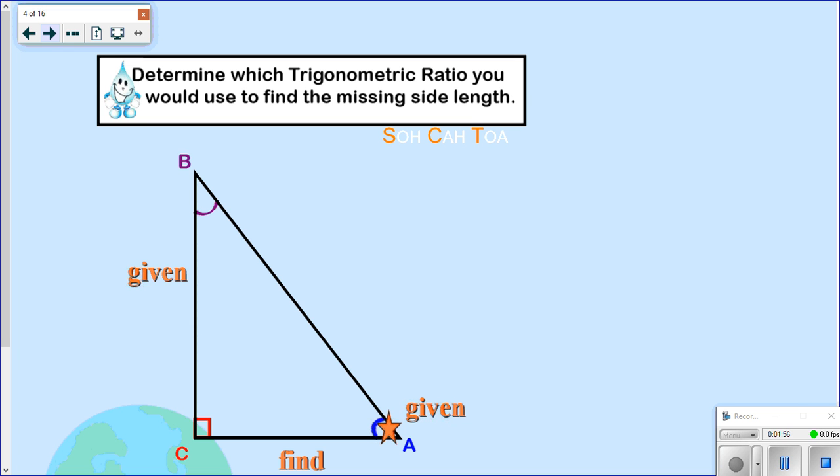How do we know which trig ratio to choose? Let's do a quick review. If I'm given angle A, I'm given this side, the BC, which is the opposite, and I'm being asked to find the adjacent, I'm dealing with tan.